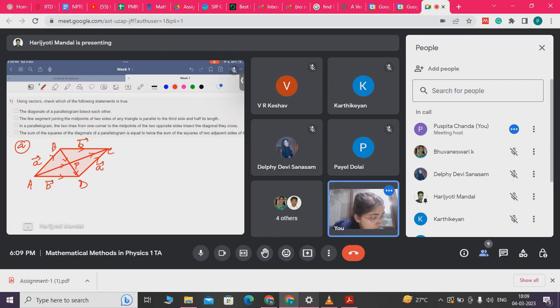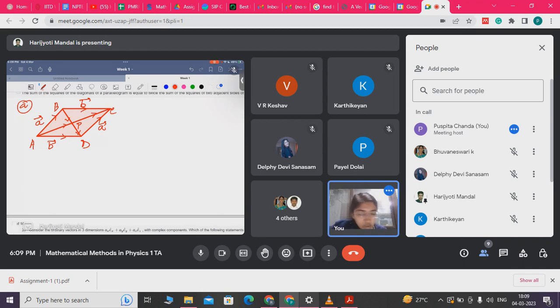So from the picture, let me use another. In this triangle ABD, AB is A and AD is B, and BD I have not given any name there.